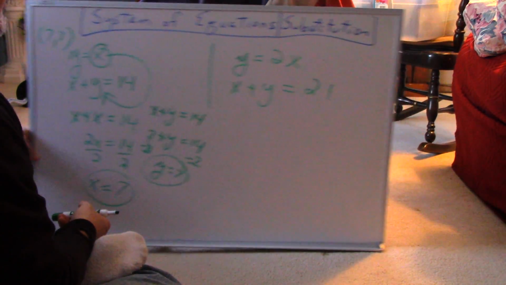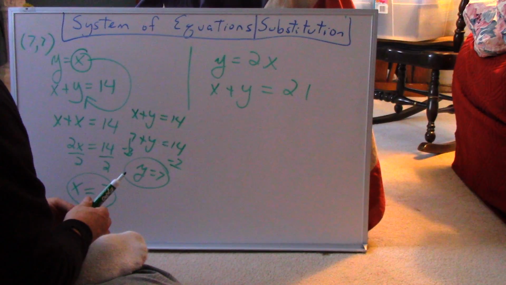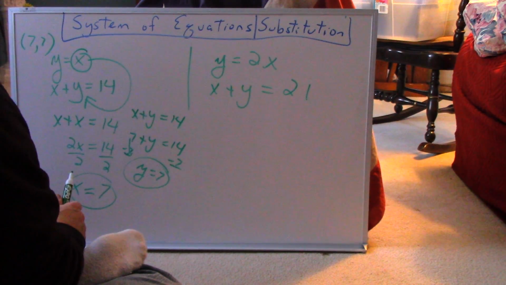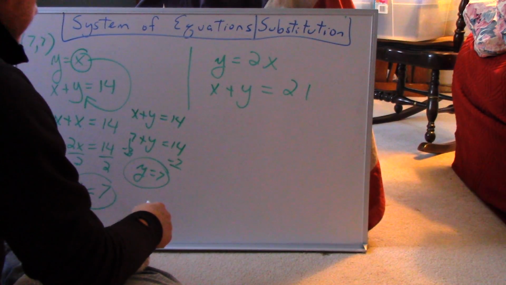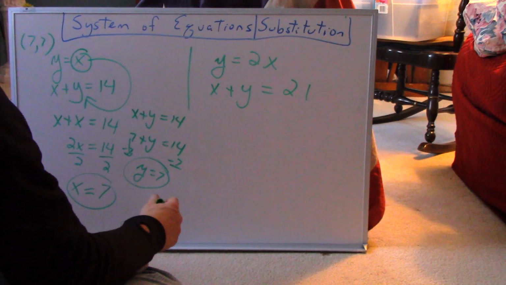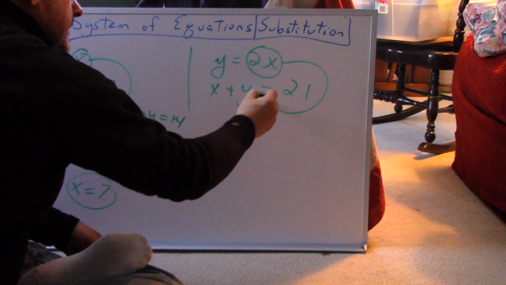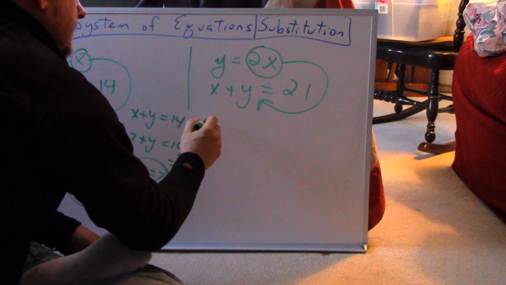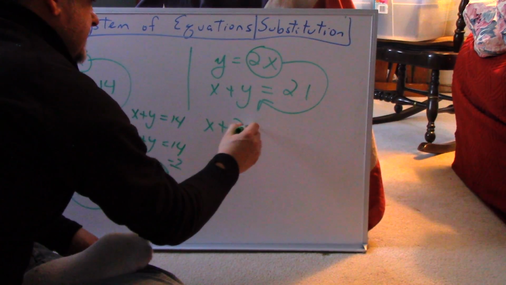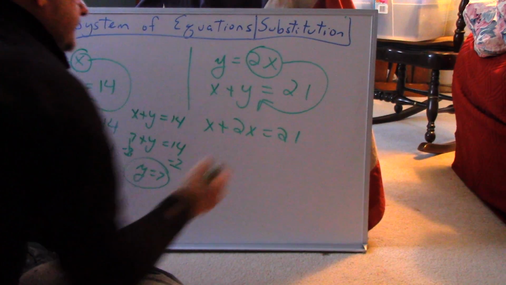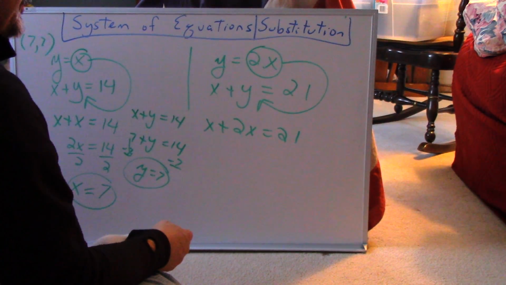I'm going to do the other one. Here's another one. y is 2x. So what I'll do now is put the 2x where the y is. So now you go x plus 2x equals 21. 2x and x is 3x.